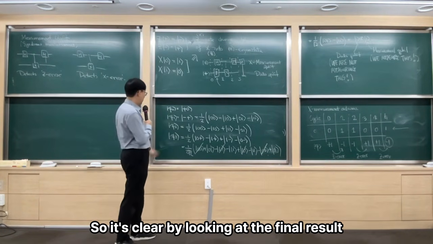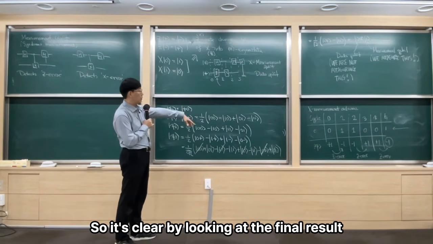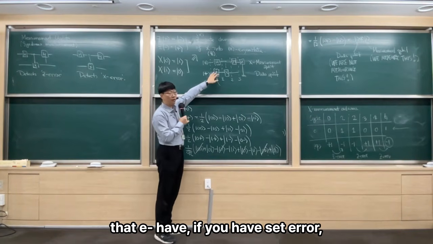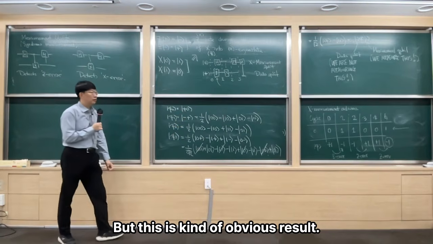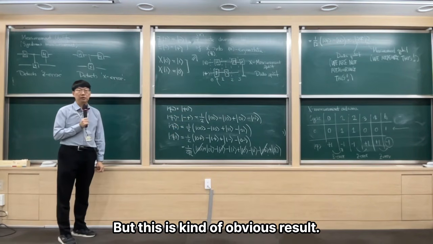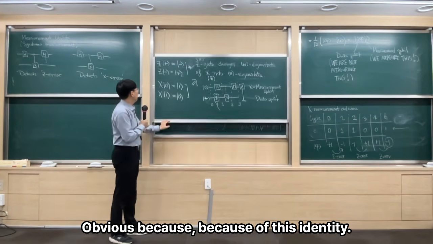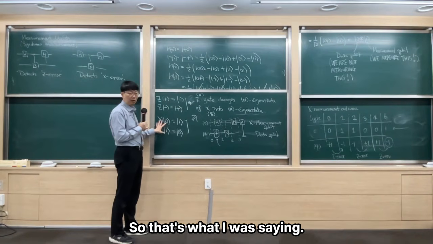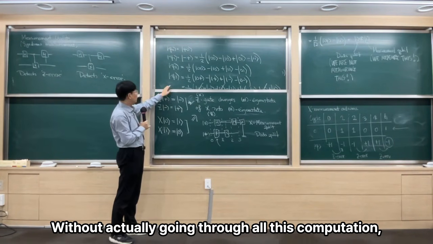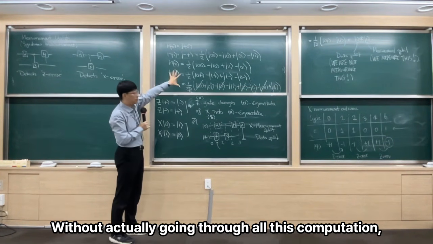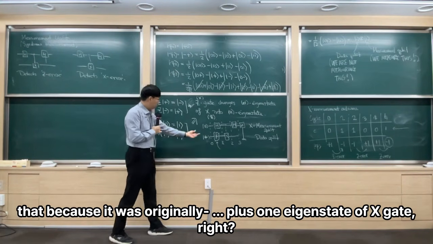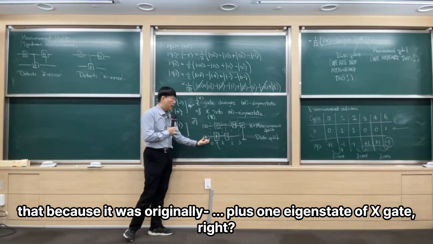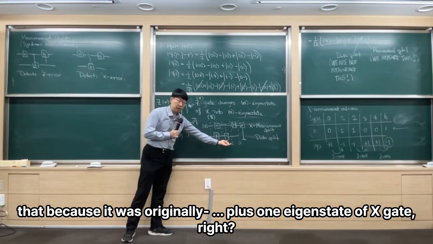So it's clear by looking at the final result that if you have a Z error, you change the eigenstate, right? But this is kind of an obvious result, obvious because of this identity. That's what I was saying. Without actually going through all this computation, you could have just expected that, because it was originally the +1 eigenstate of the X gate, right?